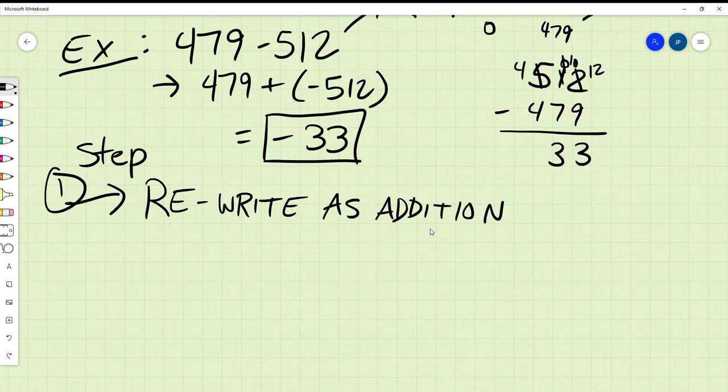So if it says, like this one had a subtraction in it, minus that positive number, we'll rewrite it as plus a negative number, just so we have everything straight.